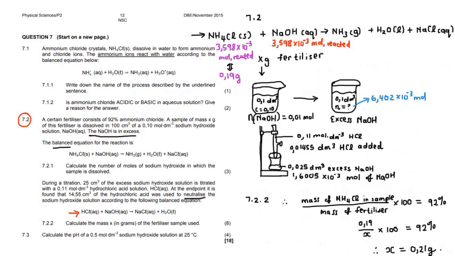Just to summarize so that everyone is on the same page, the word excess is a tip to tell you that the reaction is going to go to completion. Whenever you have something in excess, you need to be aware that that specific thing is going to be left over, so you have to find out how much of it actually reacts and how much of it stays behind.